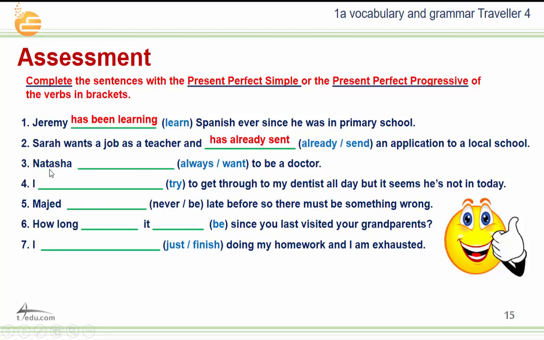Number 3. Natasha always wanted to be a doctor. Natasha has always wanted to be a doctor. Number 4. I try to get through to my dentist all day, but it seems he is not in today.